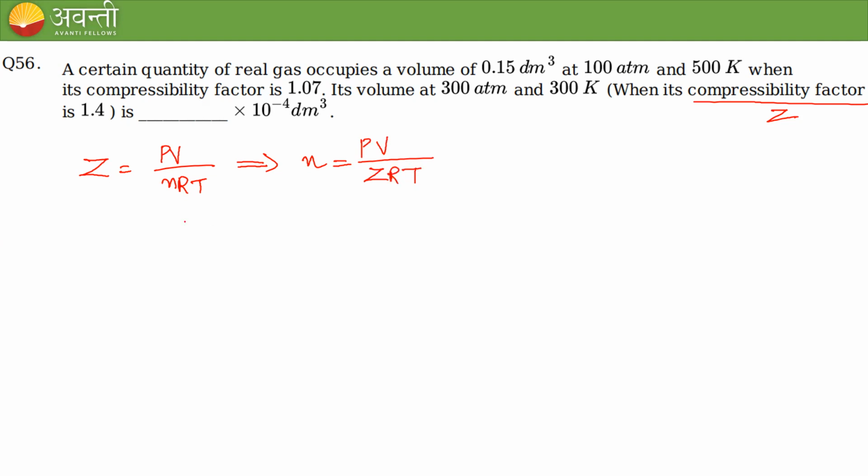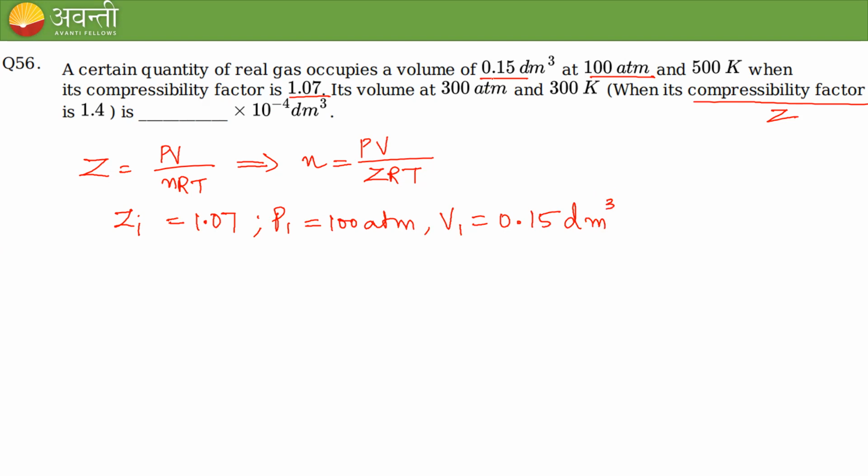So you see the compressibility factor Z1 is actually 1.07 at first, and during that time the pressure is 100 atmospheric pressure, and at that particular pressure the volume is 0.15 decimeter cube.